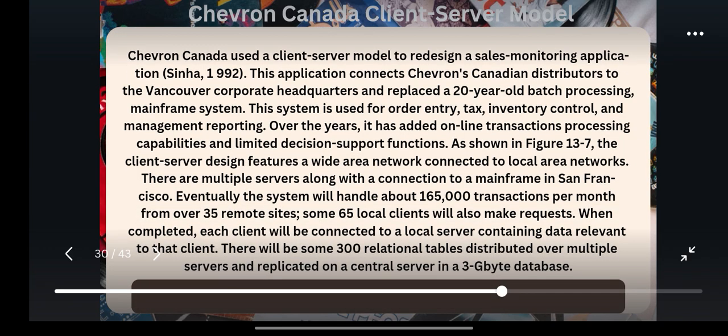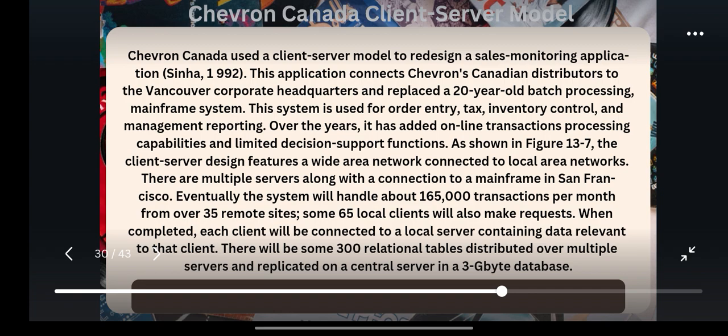So, Chevron Canada client-server model. Chevron Canada used a client-server model to redesign a sales monitoring application. This application connects Chevron Canadian distributors to the Vancouver corporate headquarters and replaces a 20-year-old batch processing mainframe system. This system is used for order entry, tax, inventory control, and management reporting.